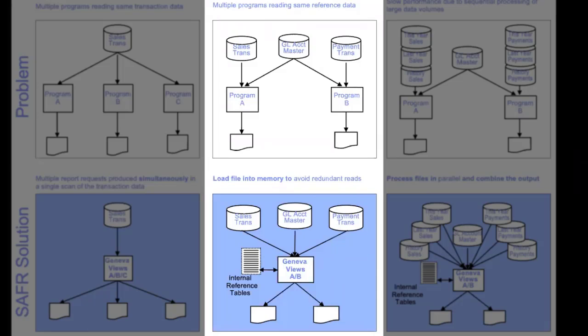The next one was recognizing that as you're reading those transaction files and producing reports, we often have to do joins of some kind. Sometimes those joins and lookups are simple code description things, but quite often there are other types of joins.